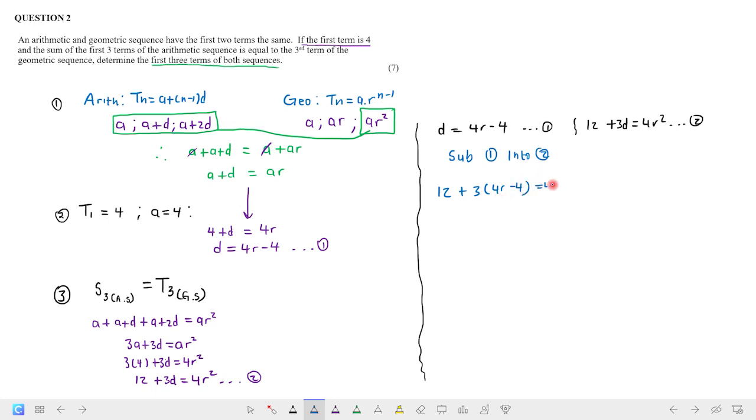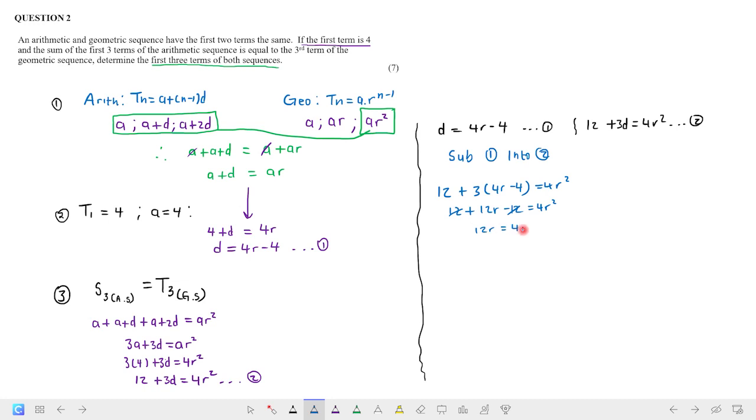And then now let's work this out. 12 plus 12R minus 12 is equal to 4R squared. This 12 cancels with that, and then here I have 12R is equal to 4R squared, right?